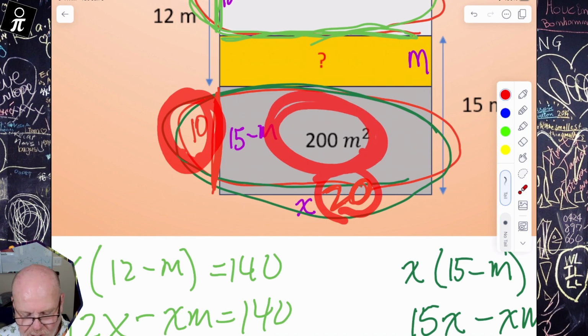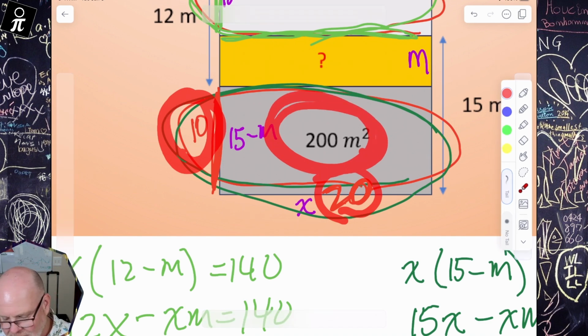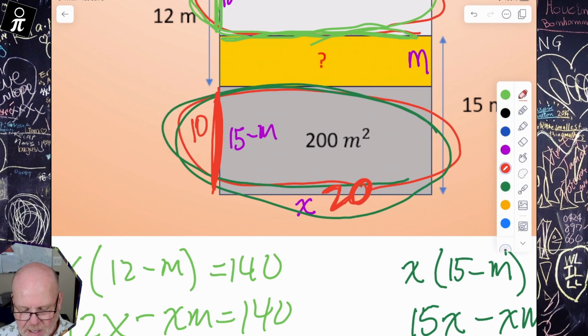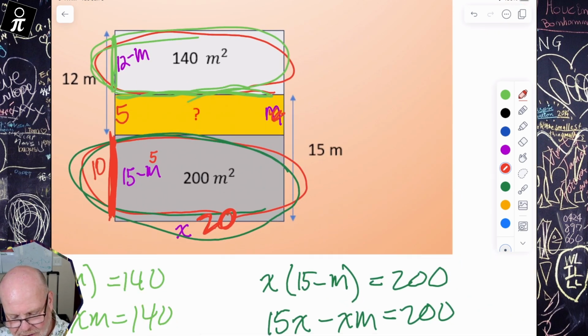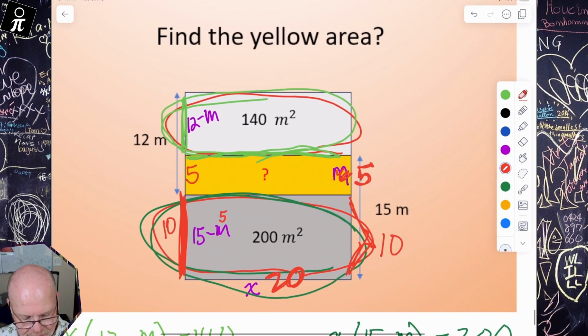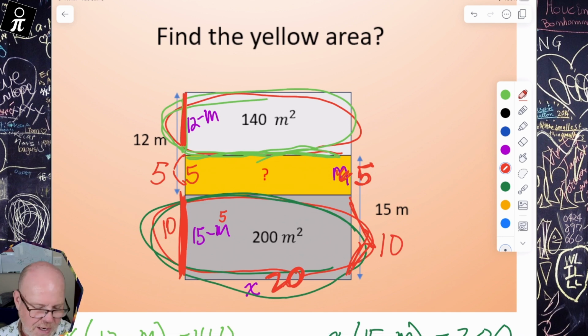If this height here has to be 10, that means M has to be 5 in order to make it work. So if M is 5, that means this distance right here is 10, and if M is 5, that means this distance right here is 7.